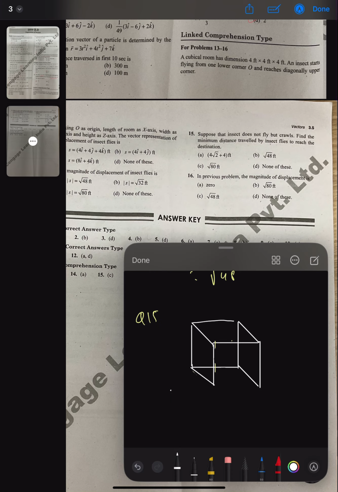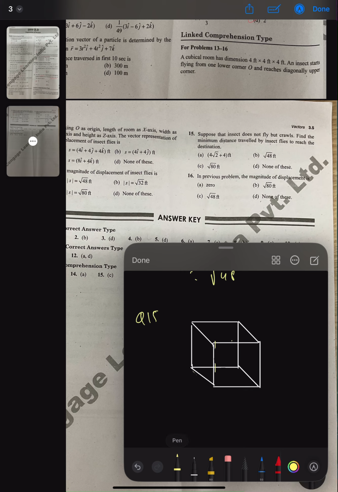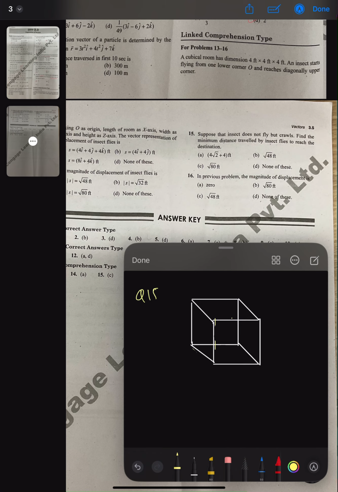Let me draw the diagram. See, what does it say? Now the insect is not flying. If it is flying, then it goes directly from O to this point P. But it is crawling. So what is the minimum distance traveled?